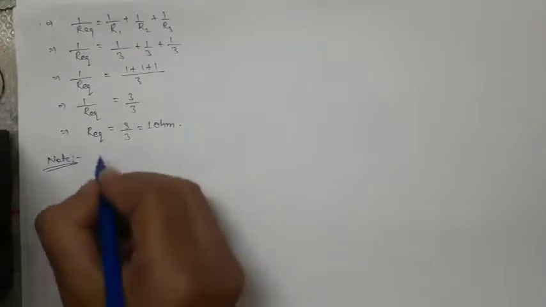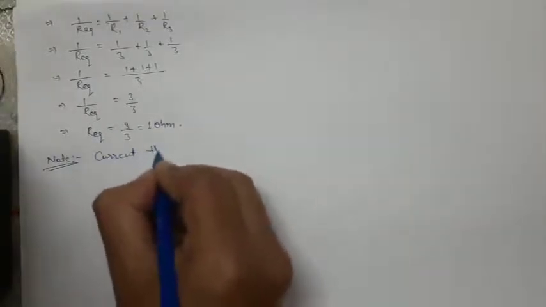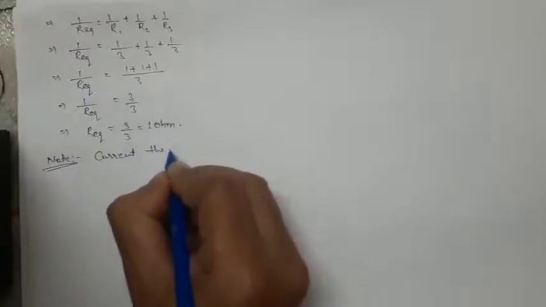In the same manner, current follows the path in which minimum resistance is present.